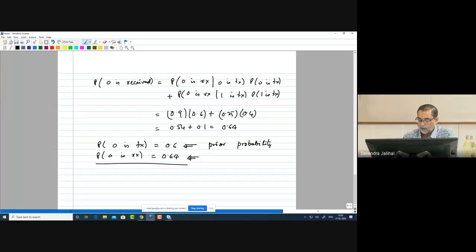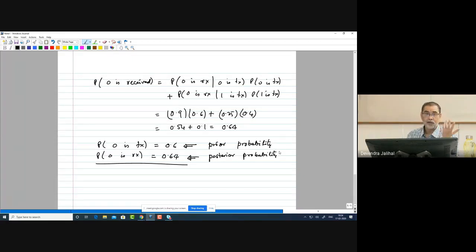Now, the probability of 0 at the receiver, now that I've received 0, is what I'm asking about when I ask what is the probability of receiving a 0. This is called the posterior probability, or after the event. So we can have both prior and posterior probabilities, and the two can be very, very different.